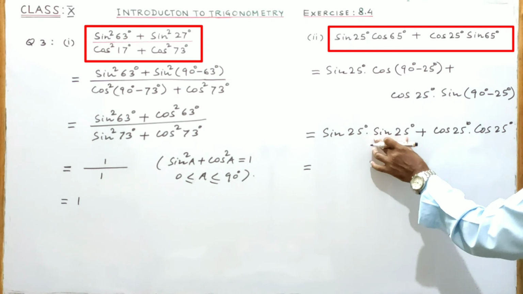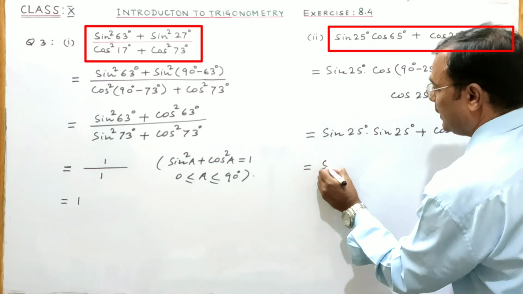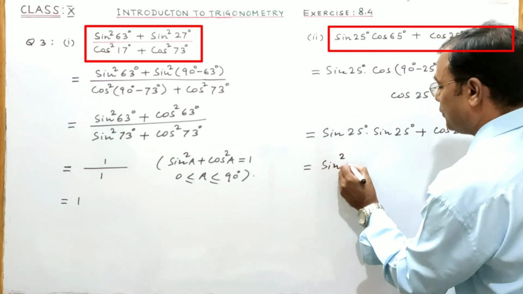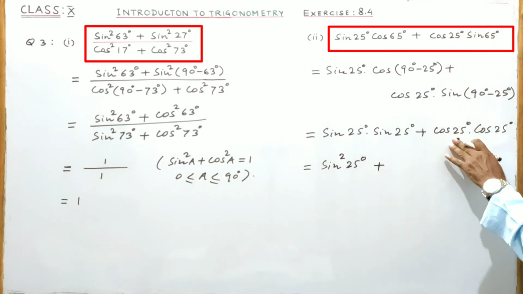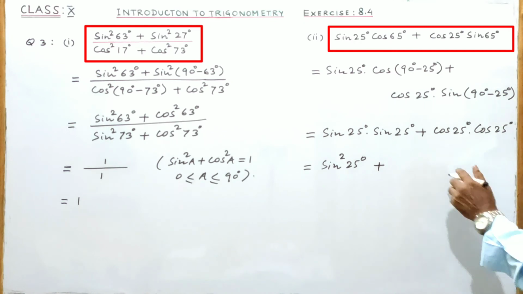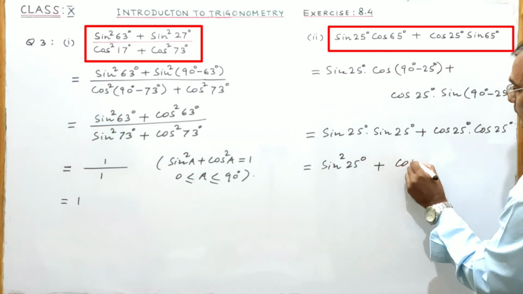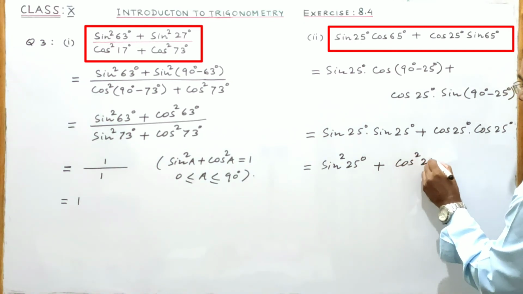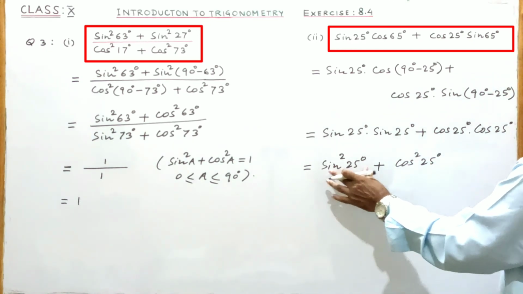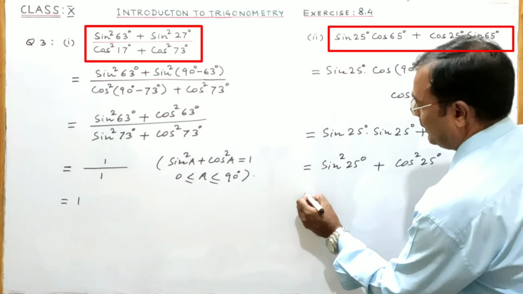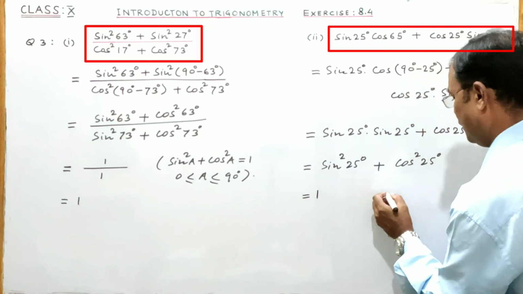And this is equal to sine 25 degrees into sine 25 degrees is sine square 25 degrees plus cos 25 degrees into cos 25 degrees, cos square 25 degrees. Now sine square 25 degrees plus cos square 25 degrees equal to 1.